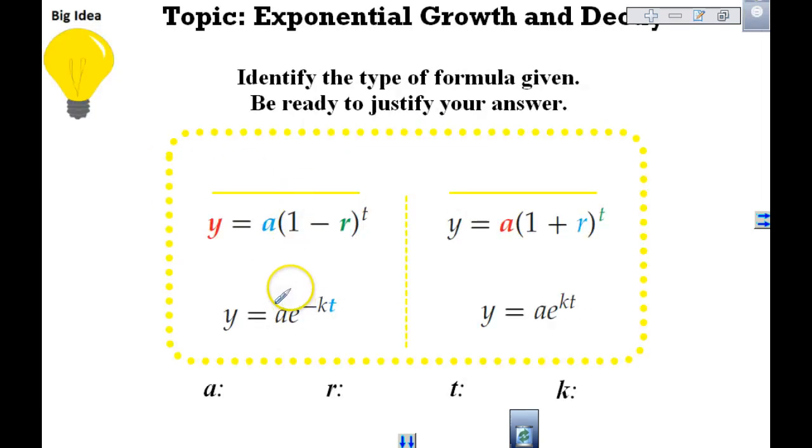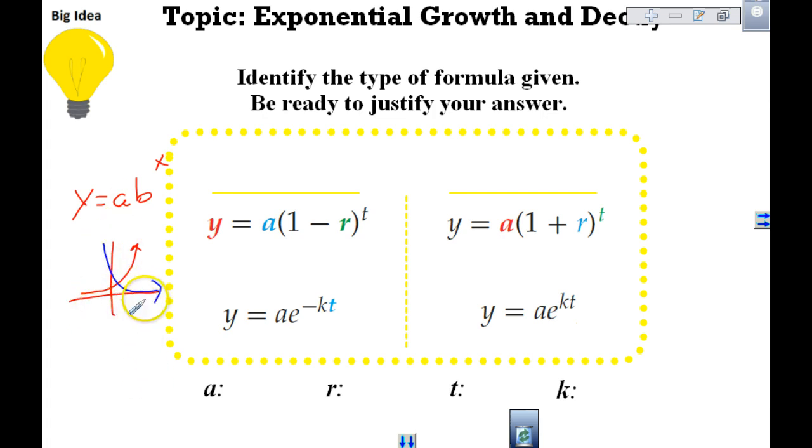We said that we have an equation of this form and graph it. We saw that it either went up, which we called growth, or it could also go down, which we called decay.